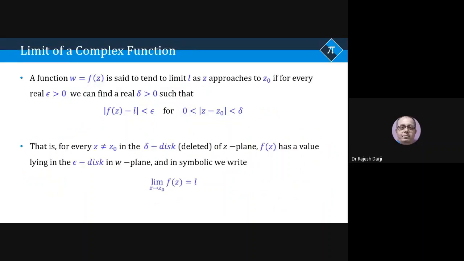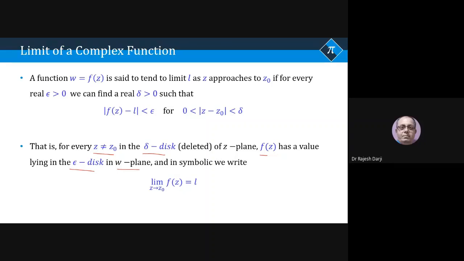For every z not equal to Z0 in the deleted delta disk of the Z plane, मतलब Z plane के अंदर हम लोग एक delta disk ले लें, then f(z) has a value lying in the epsilon disk in the W plane.